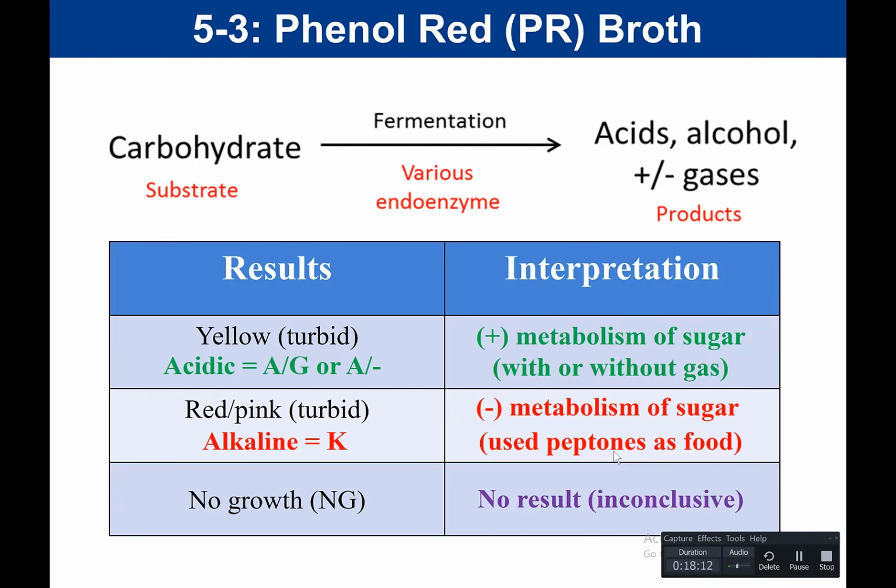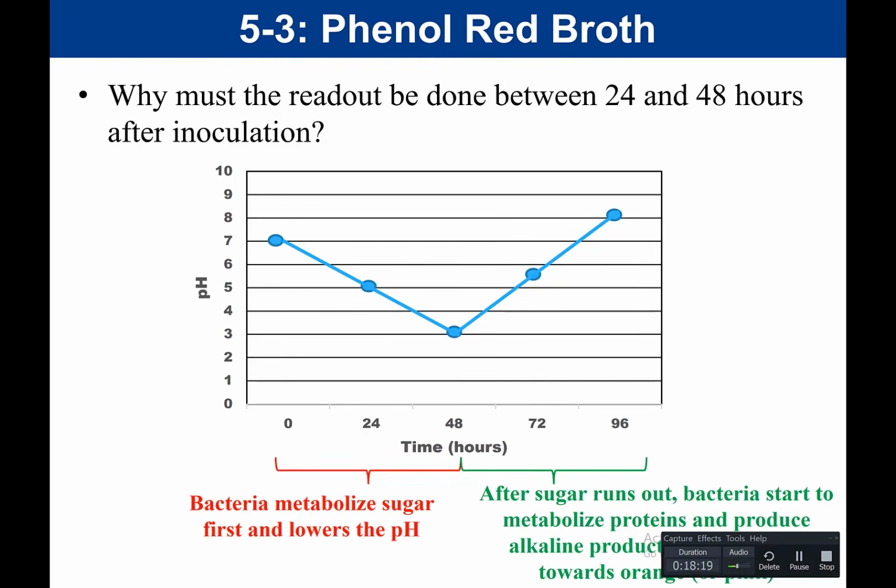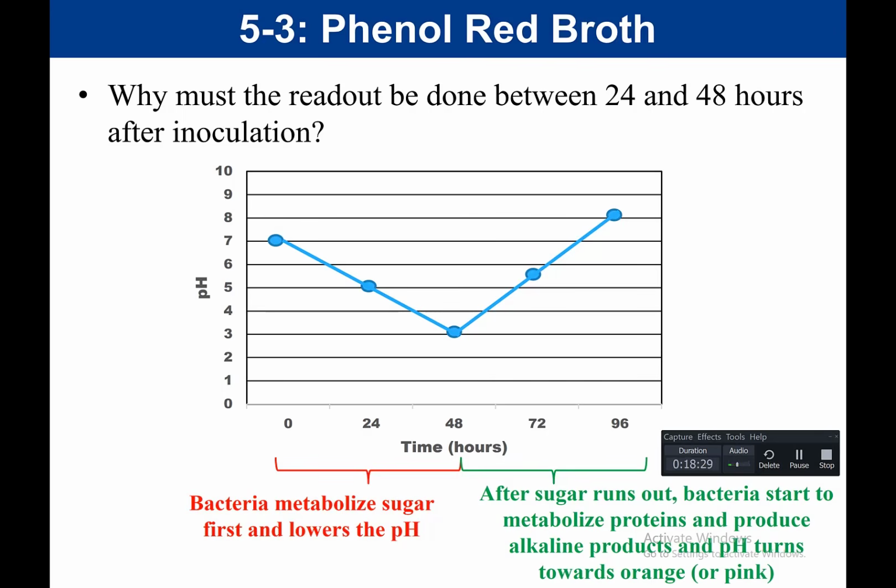And so this slide is really important in terms of your understanding. You want to understand why your readout needs to be done between 24 and 48 hours. The reason is that when bacteria are given the choice between metabolizing proteins or sugars, if they can metabolize the sugar, it is going to be their preferred food source.